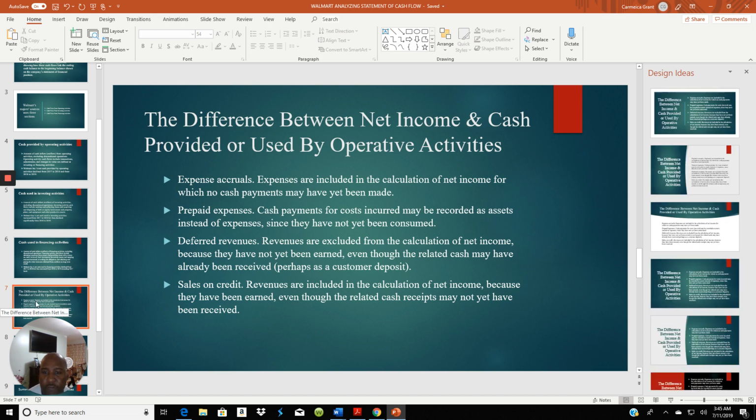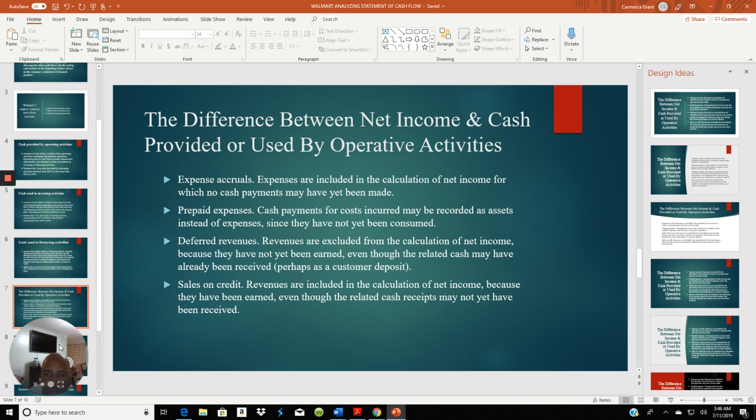Prepaid expenses: cash payments for costs incurred may be recorded as assets instead of expenses since they have not yet been consumed.